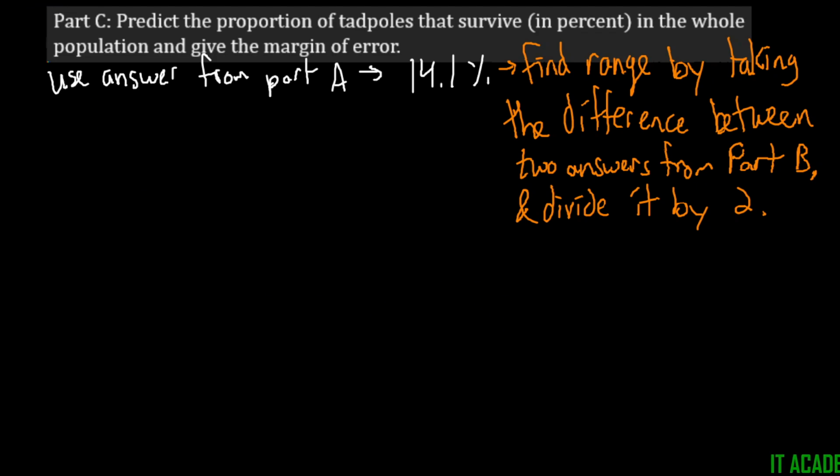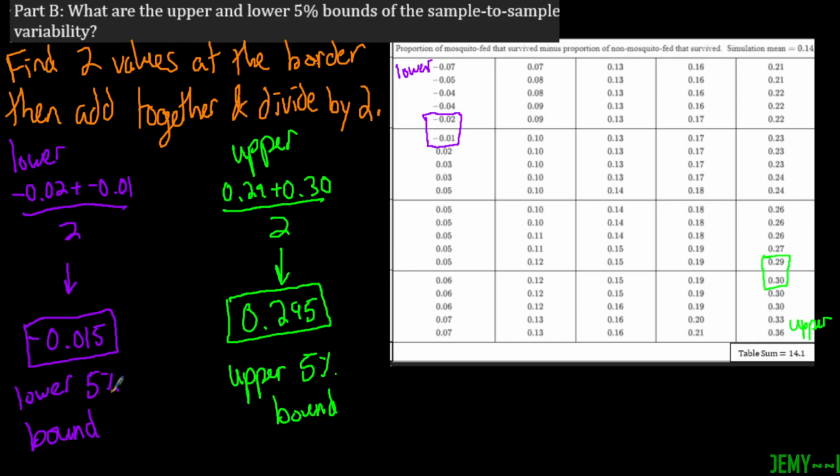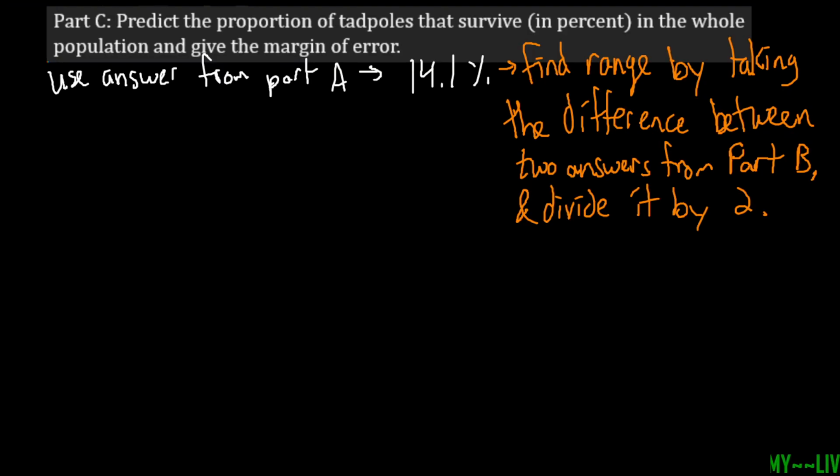What I mean is this. Let's go back to our last one. One of our answers was negative 0.015, and our other answer is 0.295. I'm going to write those down. I take negative 0.015, minus the other number, 0.295, because I need to take a difference.